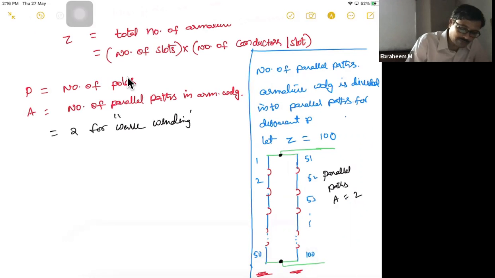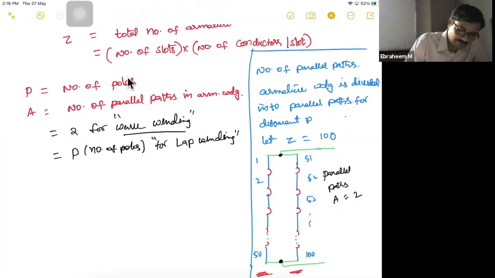So this is one type of winding used in DC generators. And A is equal to P, the number of poles, for lap winding. So this is another type of winding used in DC generators. So in DC generators you can have these two.